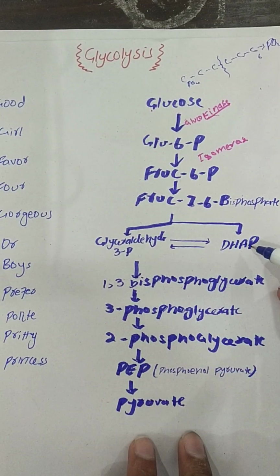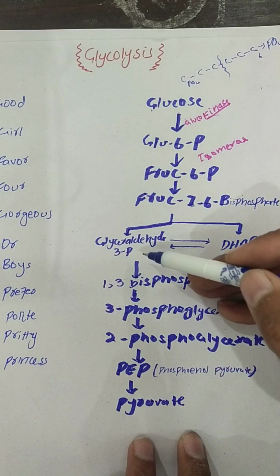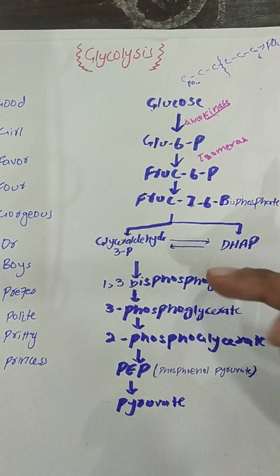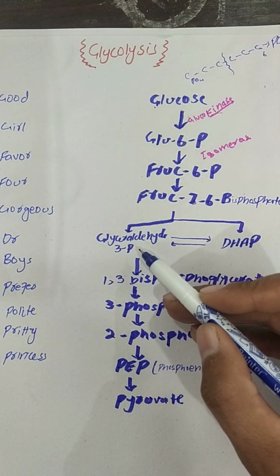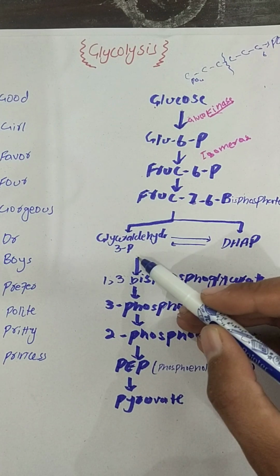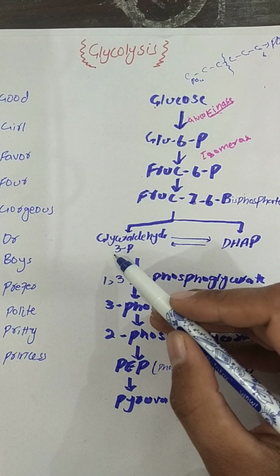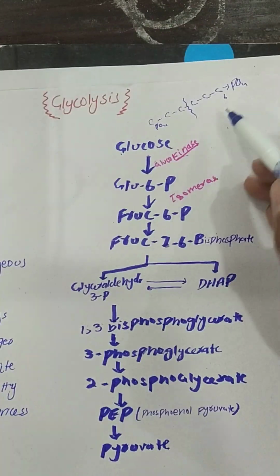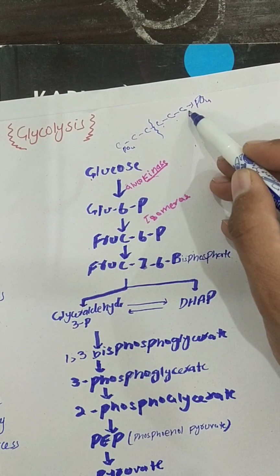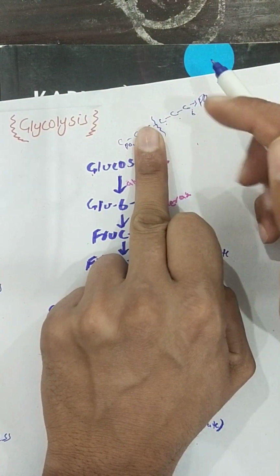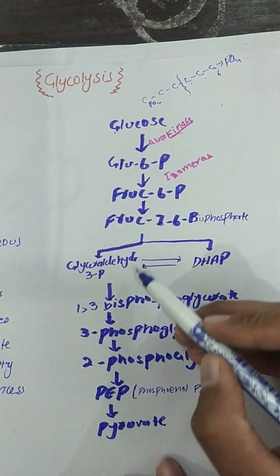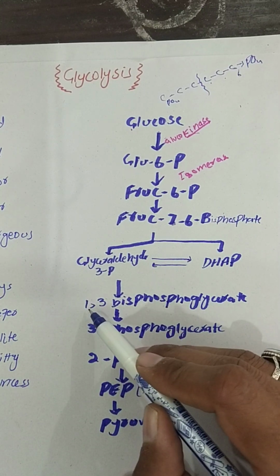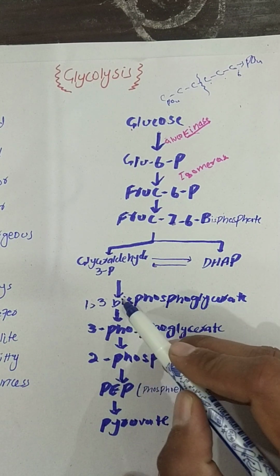The other reactions going forward are the same. We can use either glyceraldehyde 3 phosphate or dihydroxyacetone phosphate, so I am using glyceraldehyde 3 phosphate. Normally we have carbon number 1, 2 and 3. This compound is called glyceraldehyde 3 phosphate. As position 3 already has a phosphate, we add one more phosphate at position 1, so the compound is now called 1,3 bisphosphoglycerate.